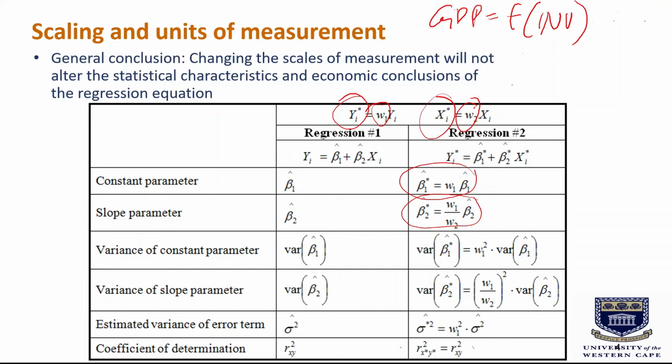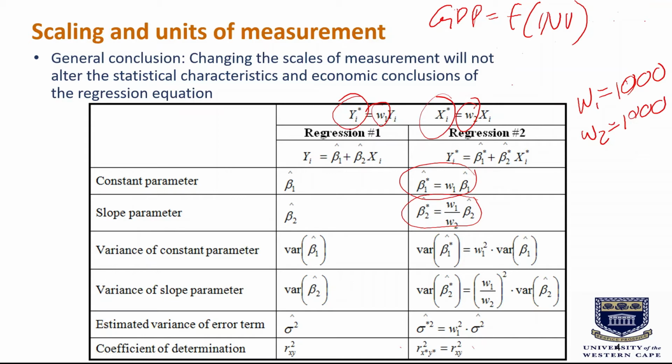Well, 1,000. So W1 in this case equals 1,000, and it turns out that W2 in this case also equals 1,000. Why? Because both X and Y are measured in trillions, and we want to convert both of these to billions. So it just so happens that both of these values equal 1,000. That's how to find W1 and W2, and that's the most important part of doing these scale changes.